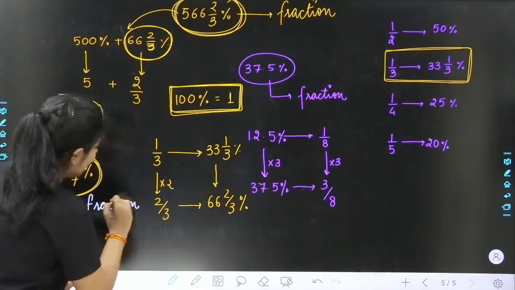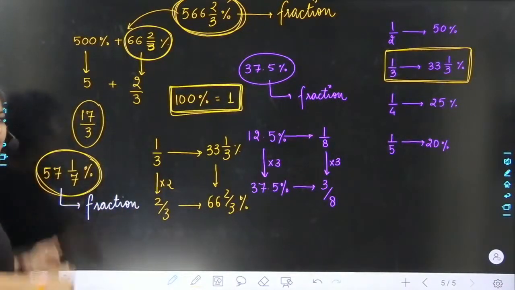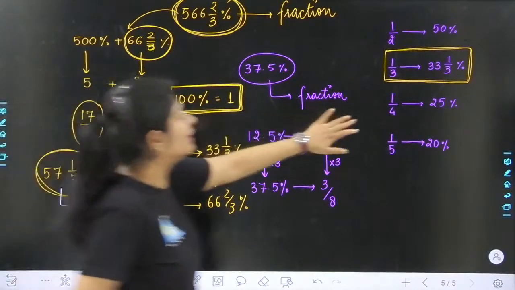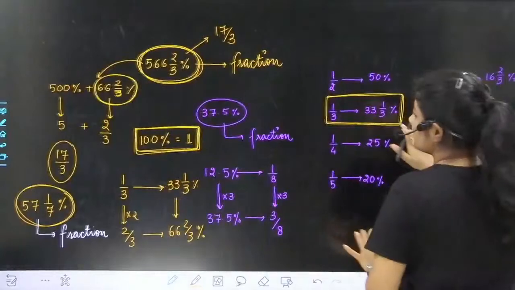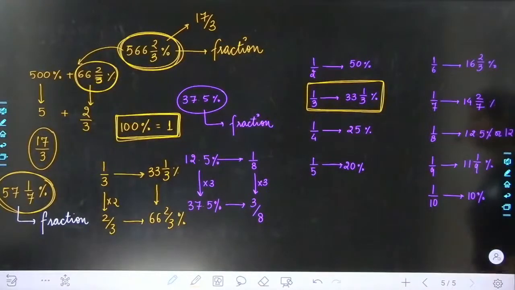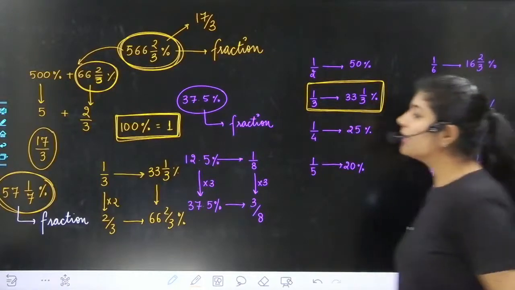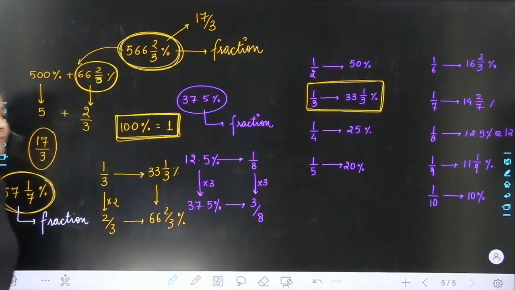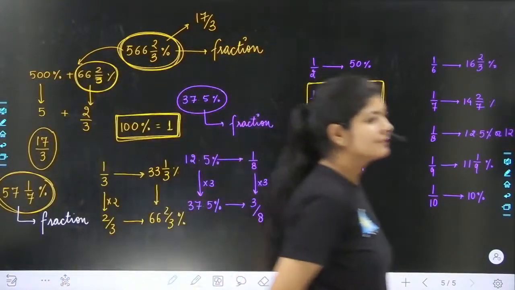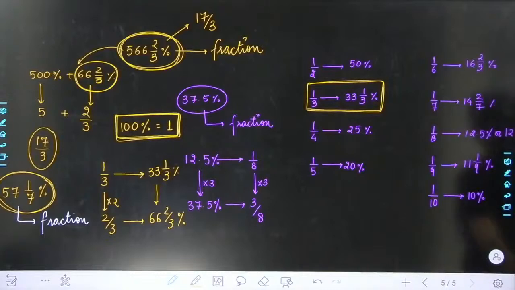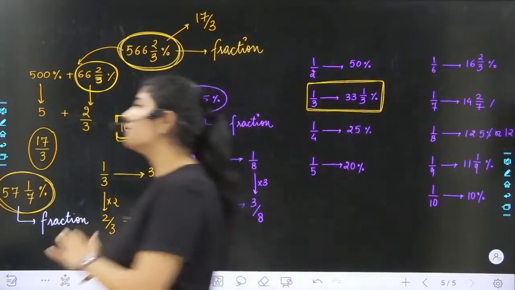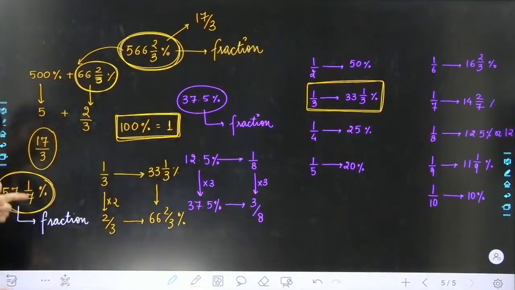You can simply break and convert, or we can simply take the terms over here also. Anyone in the comment section, how do I write 57 1 by 7%?